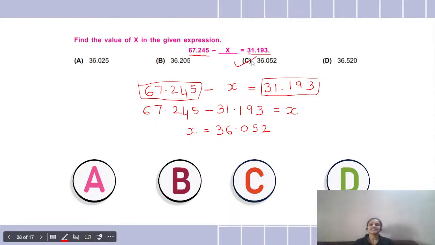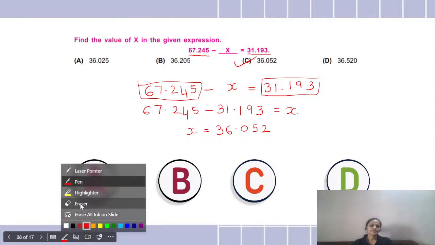So option C is correct. And Ayushi had given me the correct answer first. So congratulations, and yes, wonderful, to all the children who have given option C as the correct answer. Good job. Okay, so you all understood, right? This was very easy, and this is how we go about doing it.